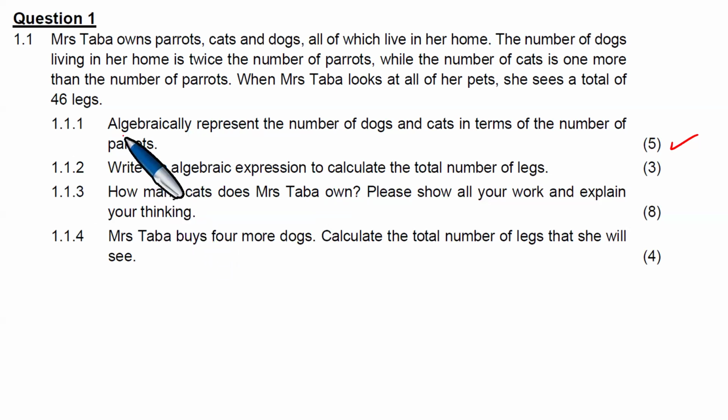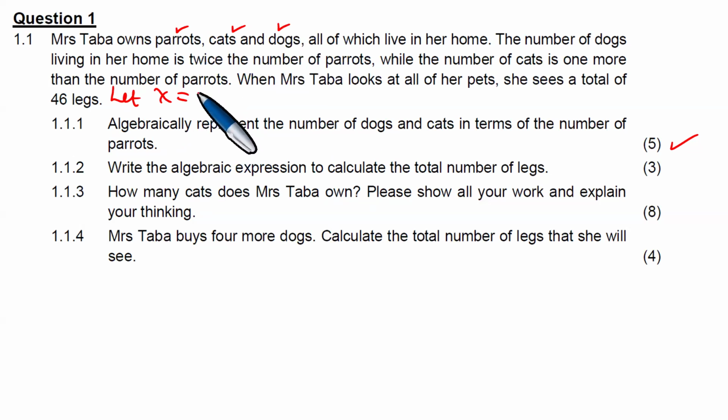Now you need to look at the first question. The first question says algebraically represent the number of dogs and cats in terms of the number of parrots. So you have the parrots, the cats, and the dogs.